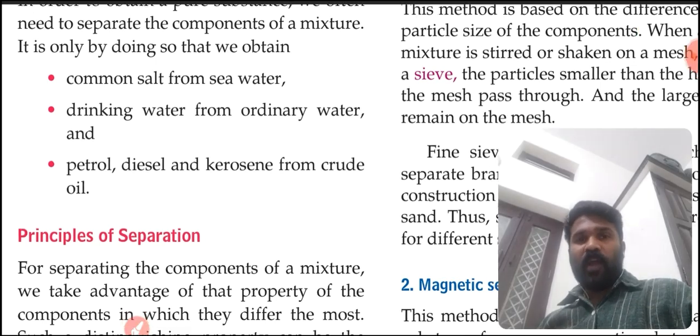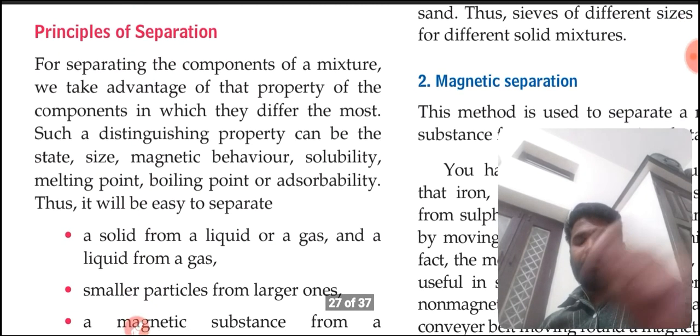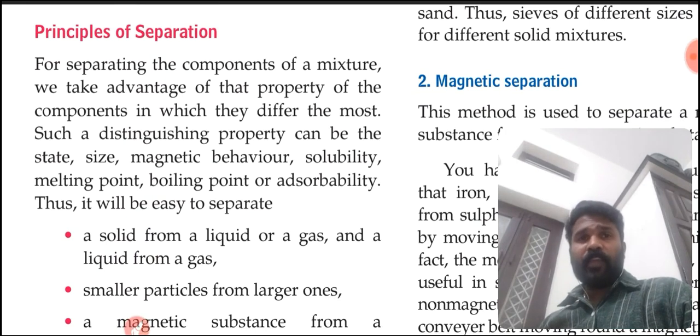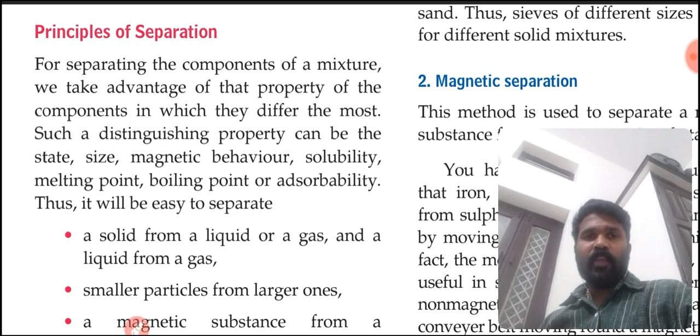Clear? So what is the principle of separation? For separating the components of a mixture, we take advantage of that property of the components in which they differ the most.